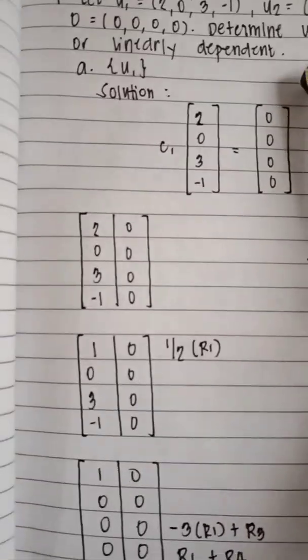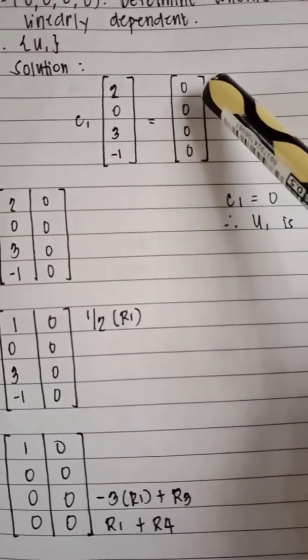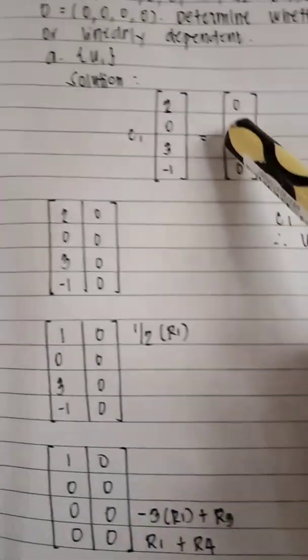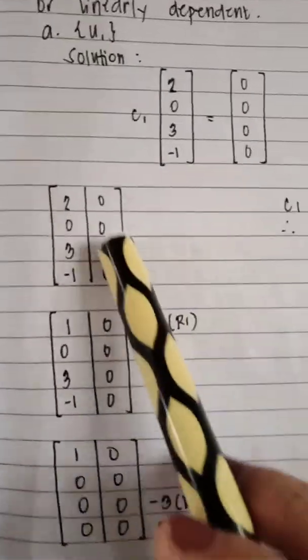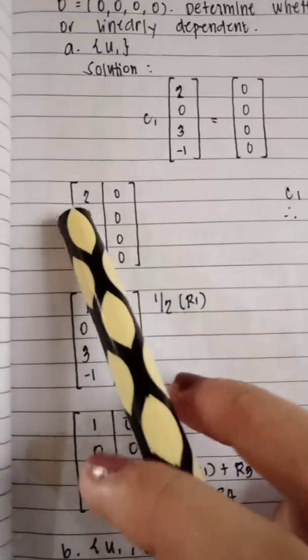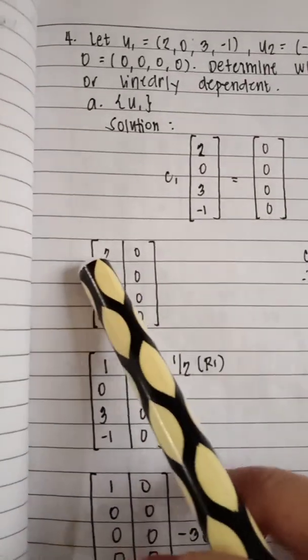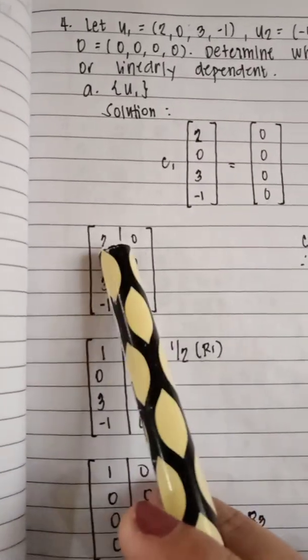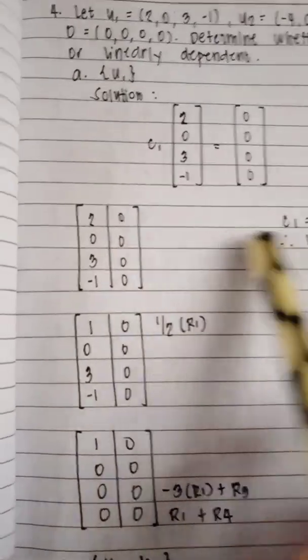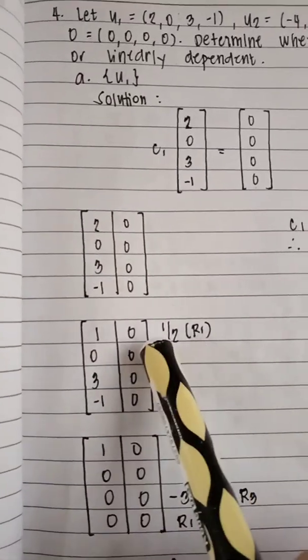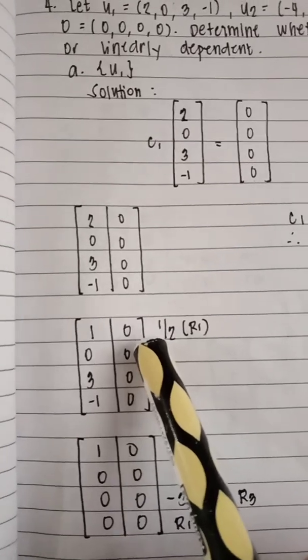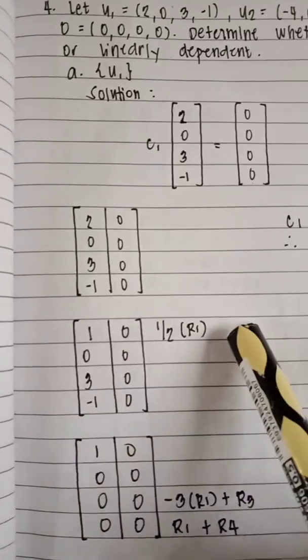We form it into a matrix and augment it with 0, 0, 0. Since row 1's first number is 2, we want to make it 1. In order to make this 2 into 1, we will use the formula 1 over 2 times R1.